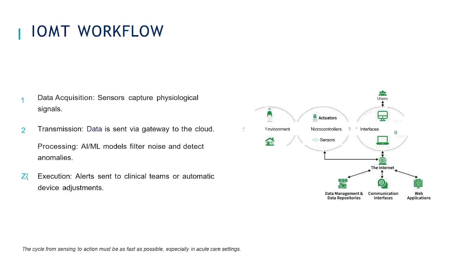Sensors attached to patients and medical devices collect physiological signals such as blood pressure, ECG readings, oxygen saturation, or glucose level. This information is then transmitted through the communication gateway to cloud services or hospital systems.